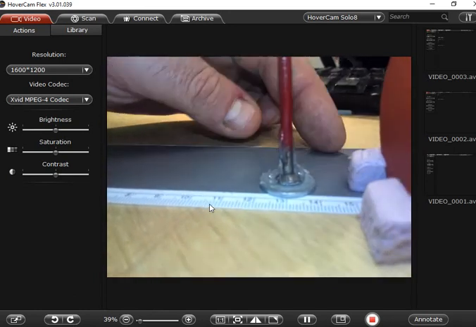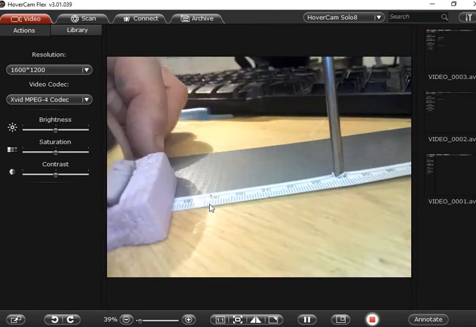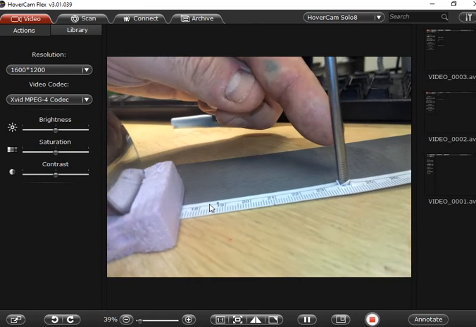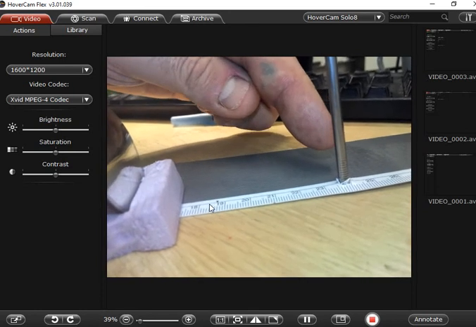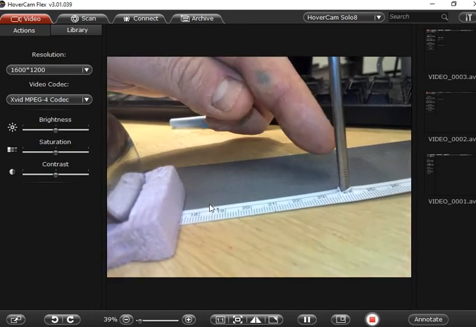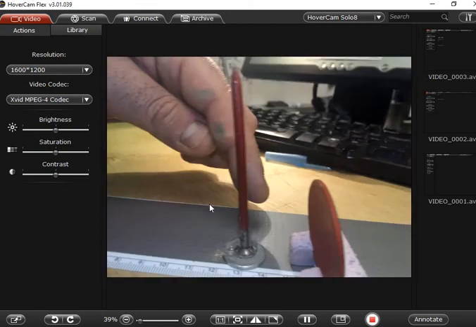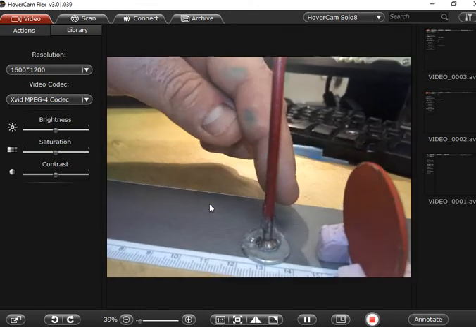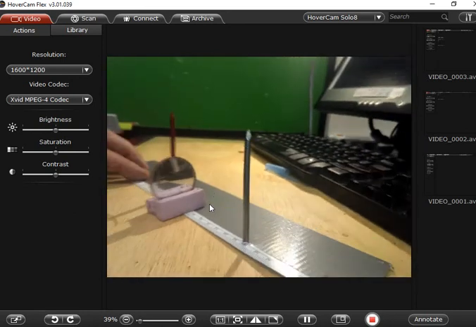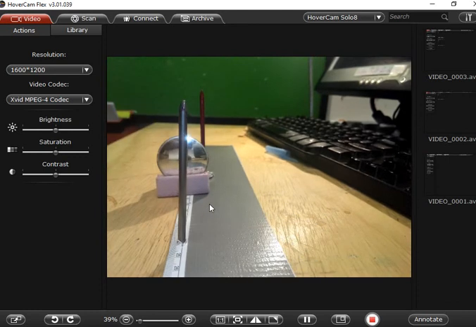The distance between this and the mirror, that is the object distance. This is the DO. You have to subtract 24 minus 16, and this is the DI. You have to subtract 16 minus 13. Use those differences, those lengths, to figure out the Fedoti equation, solve for F.